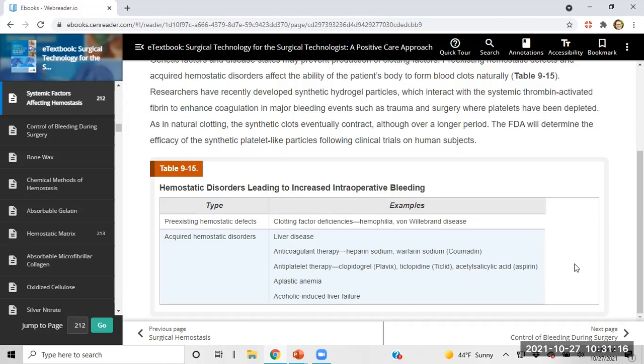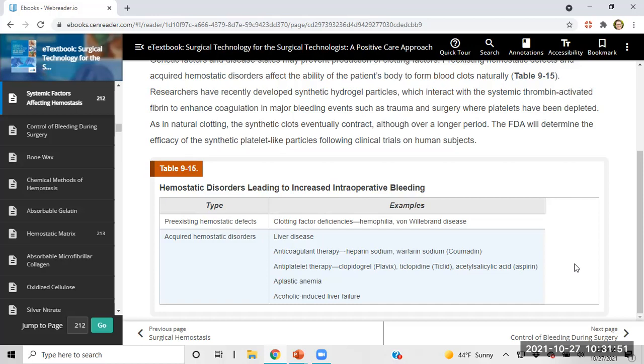Now, if there is liver disease, that's going to interfere, because that's where our normal clotting factors are created, in the liver. If they're on anticoagulant therapy, so if they're already on medication to inhibit that clotting process, like heparin or Coumadin. If they're on antiplatelets like Plavix, aspirin, or Ticlid, different things that are providing a reduction of platelets, that could be a problem.